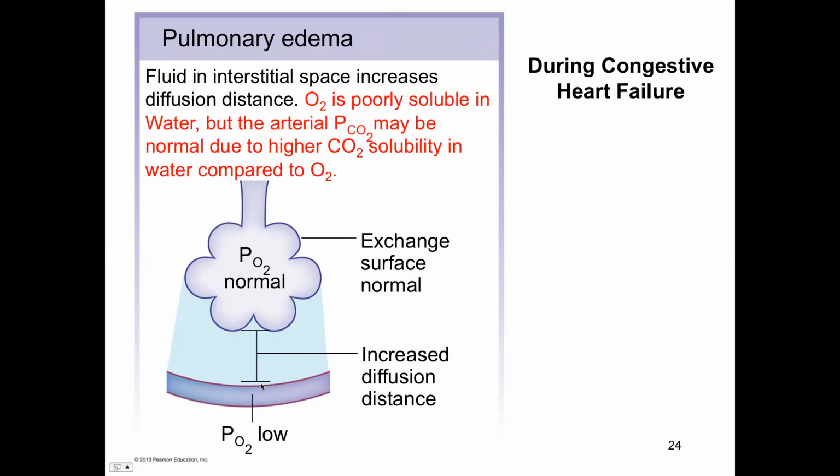We can get the CO2 out because CO2 can dissolve better in water, but you have a decreased oxygen carrying capacity in the blood, because you can't get as much oxygen into the blood because of the liquid and the increased distance. So this is what's happening with pulmonary edema and to someone with congestive heart failure. They have trouble breathing.